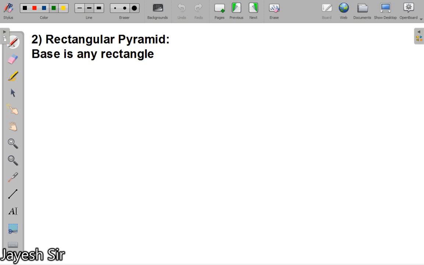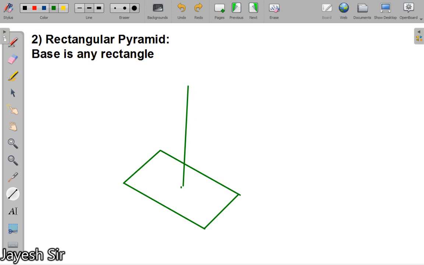Next we will talk about rectangular pyramid. Again, rectangular pyramid. Let us draw a rectangle first of all. So this here is a rectangle. Okay, and this is the center point, and apex should be somewhere here.